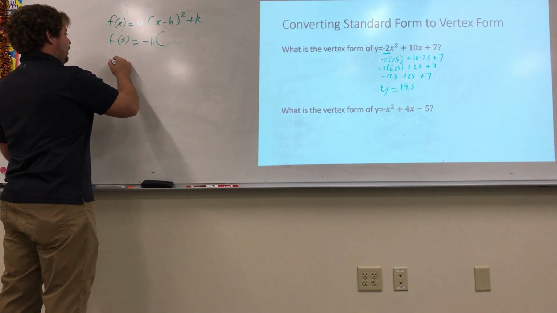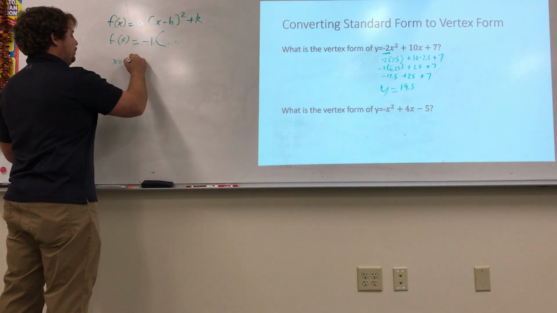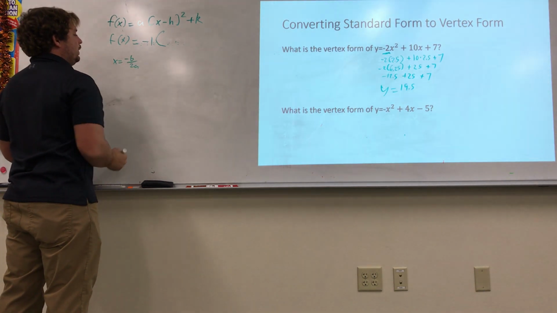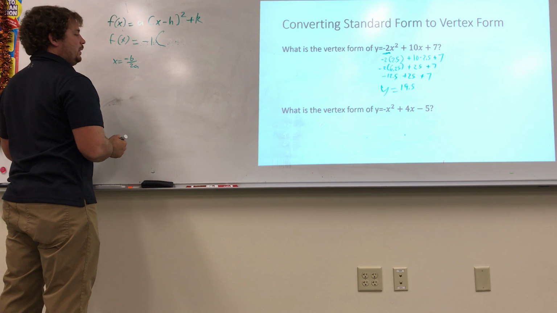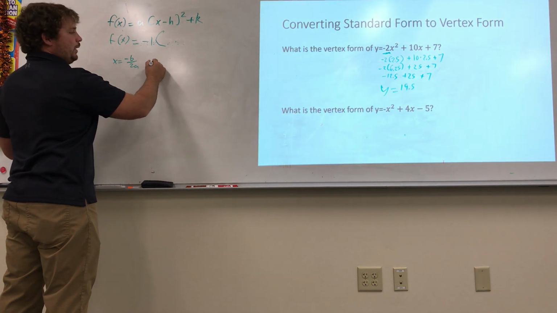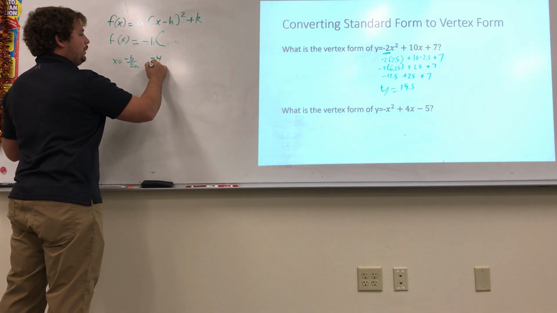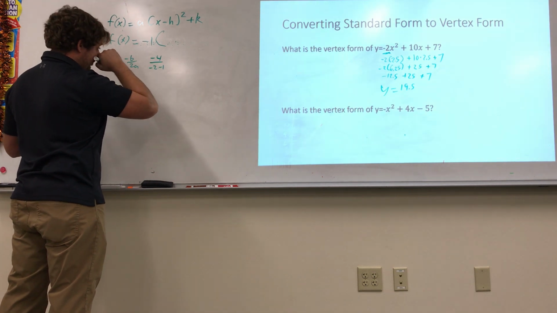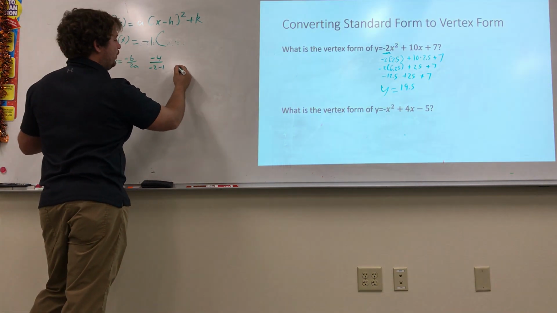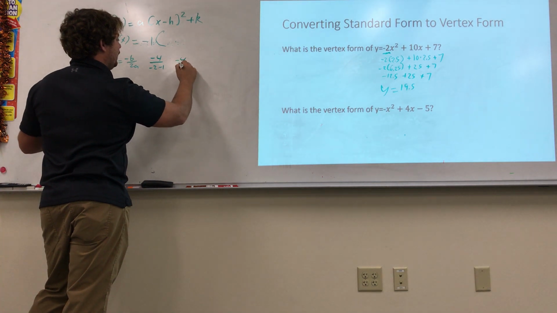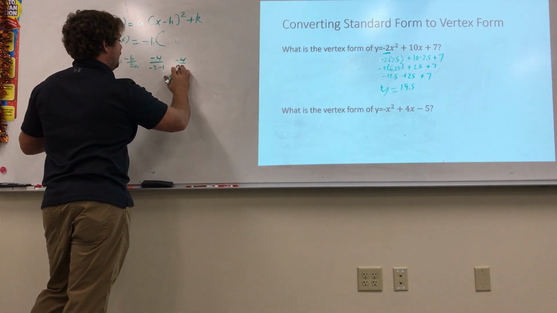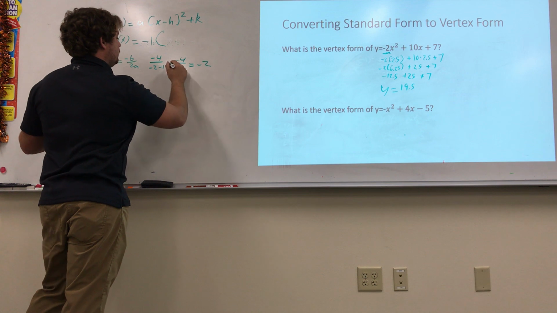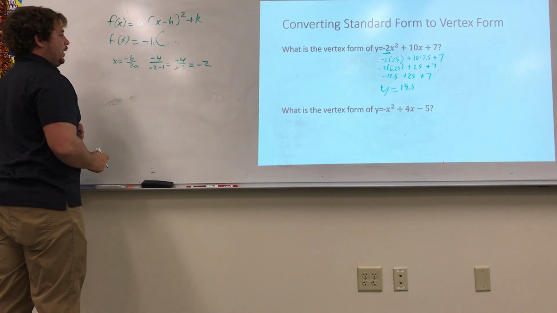So we have our x equals negative b over 2a. At that point, we are going to get minus 4 on the top, and we're going to get a negative 2 times a negative 1. So we are going to get negative 4 over negative 2, that'd be positive 2, which equals negative 2.